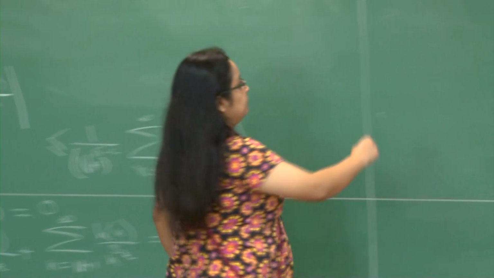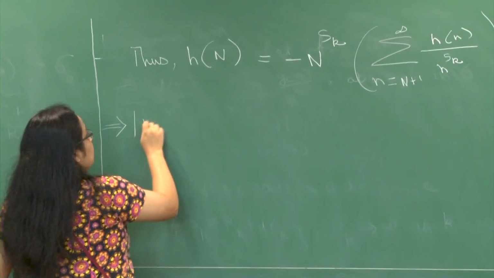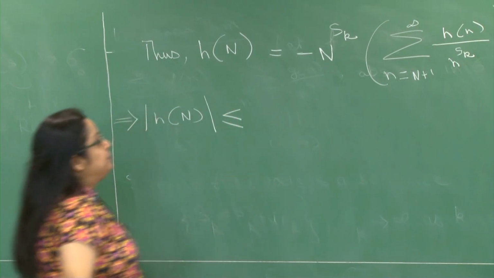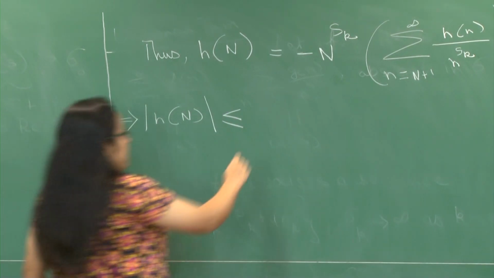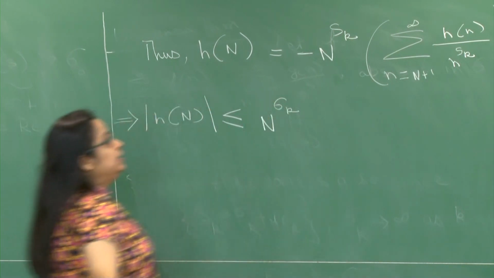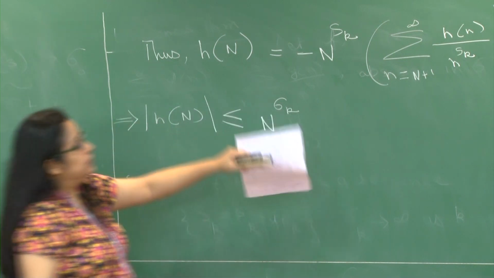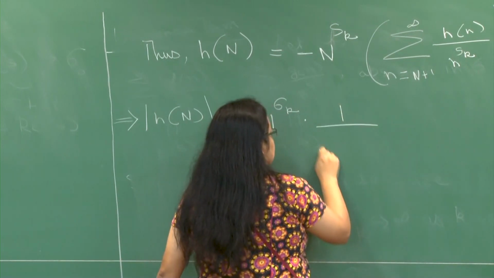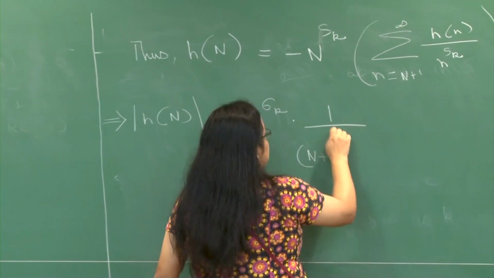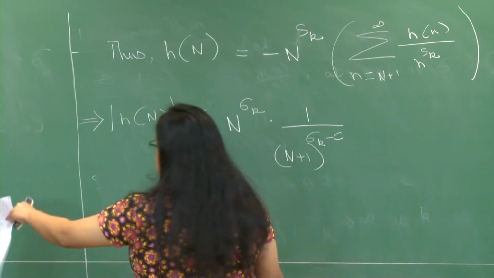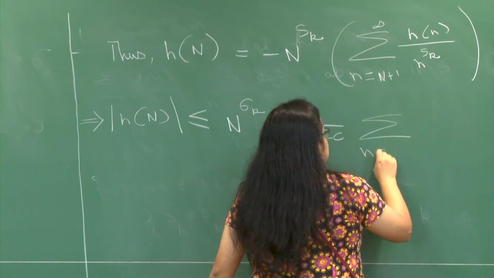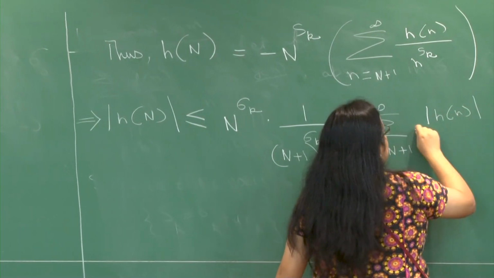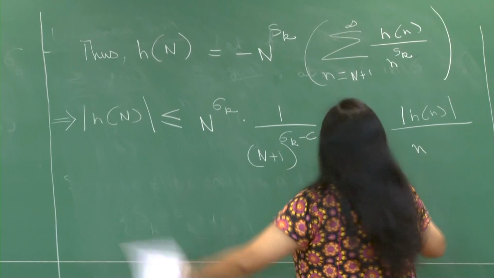So, this therefore gives that the absolute value of h of N is certainly less than or equal to the absolute value of N to the s sub k, which is just capital N raised to the real part of s sub k, times the absolute value of this sum, which we know from our previous inequality can be bounded by 1 over N plus 1 raised to the sigma k minus c times the sum, n going from capital N plus 1 to infinity, of absolute h of n over n raised to the c.